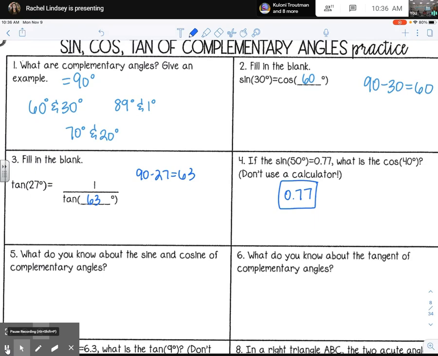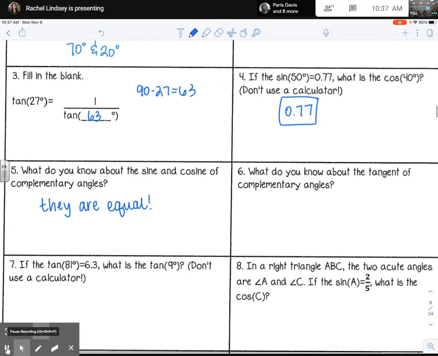What do you know about the sine and cosine of complementary angles? They are equal. What do you know about the tangent of complementary angles? They are reciprocals. Same thing, right? No.